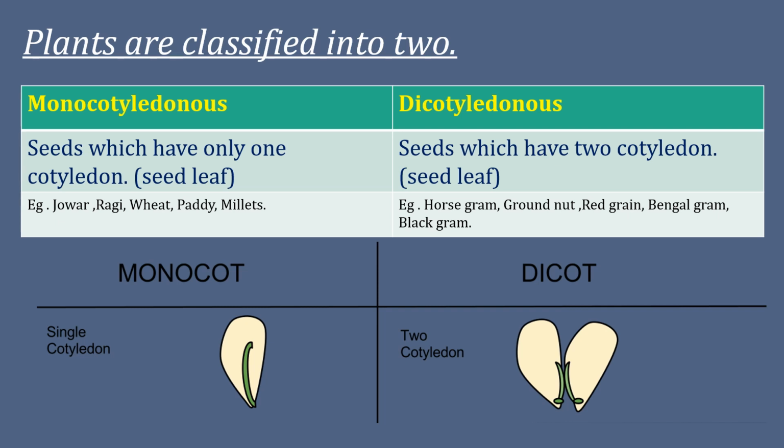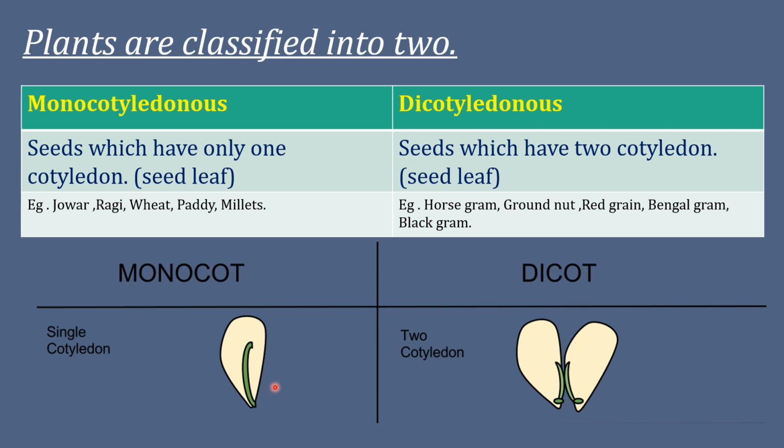Example: jowar, ragi, wheat, paddy and millets. See the picture below, children. That is the monocotyledon, that is single leaf sprouted. Can you see here? Single leaf sprouted. This is single cotyledon and this is called monocotyledon.